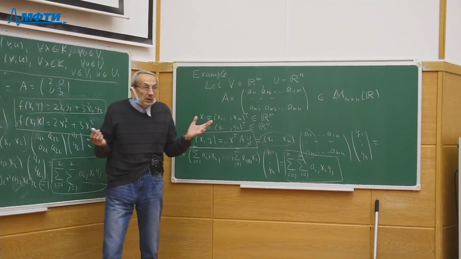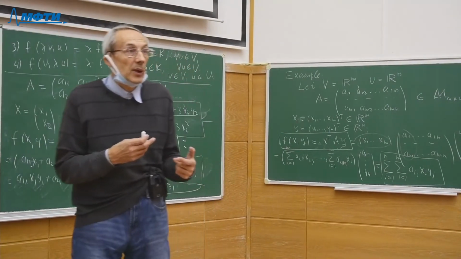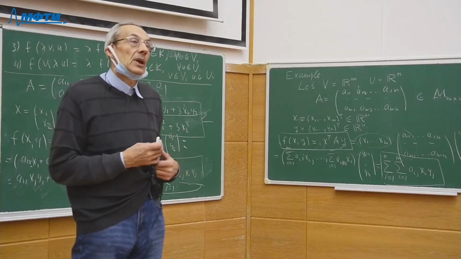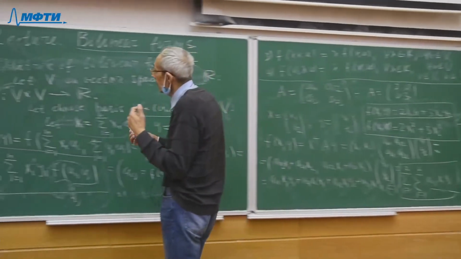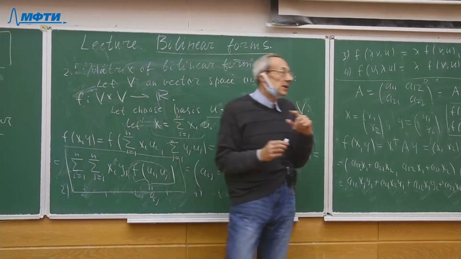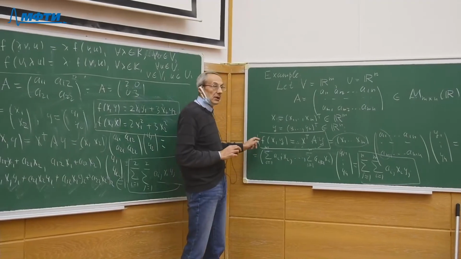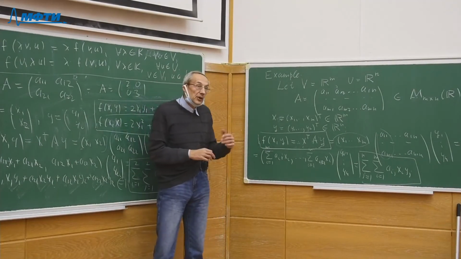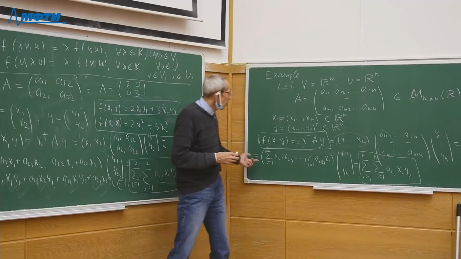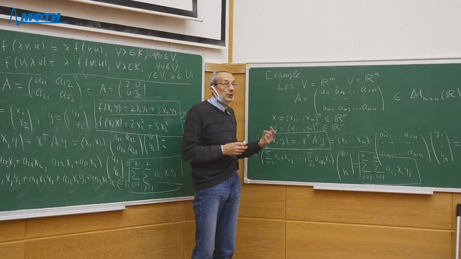But we have the following question. If we change the basis, how does the matrix of the bilinear form change? The bilinear form and the matrix we defined on the vectors, not on the coordinates, on the vectors. And if we change the basis, the formula for the matrix presentation also changes.